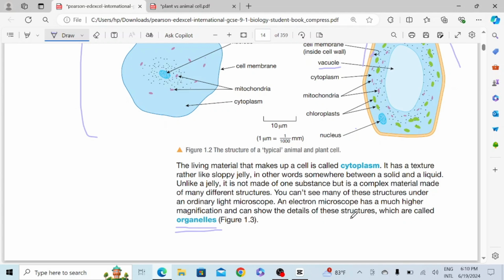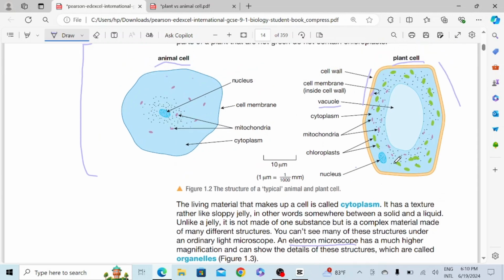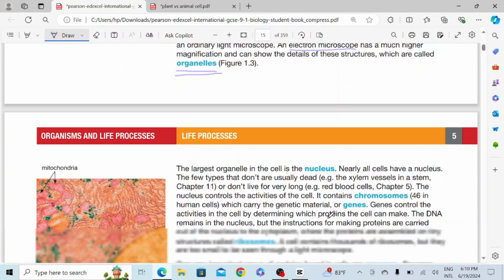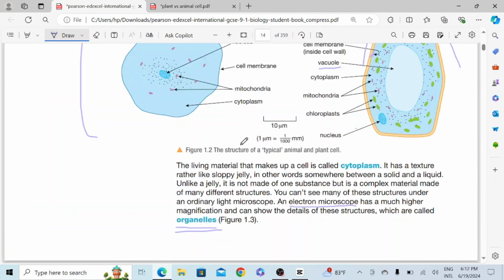You need to use an electron microscope for higher magnification, definitely. So using an electron microscope can reveal these organelles, the structures, better.